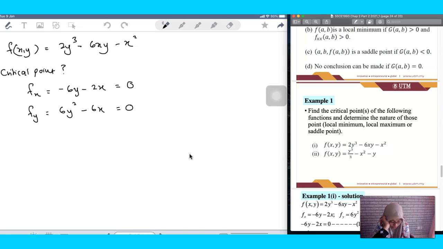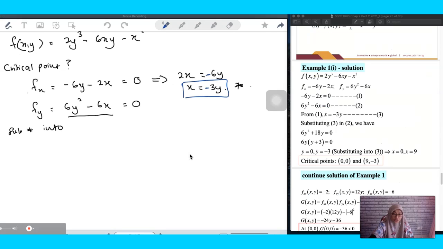Just check: fx is negative 6y minus 2x, fy is 6y squared minus 6x. So you have to solve these simultaneously. From this you have 2x equal to negative 6y, so x is equal to minus 3y.